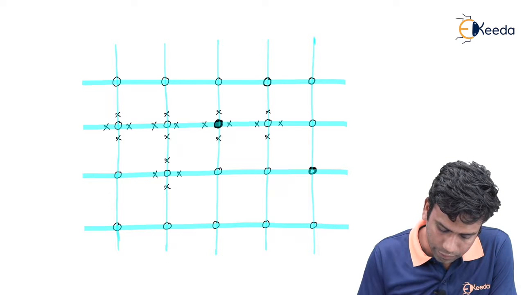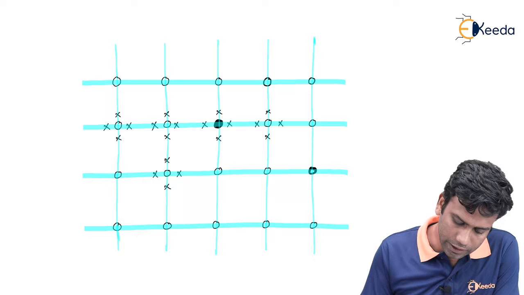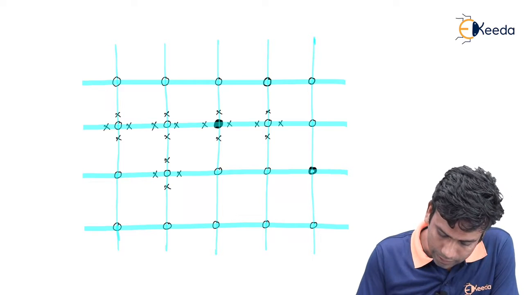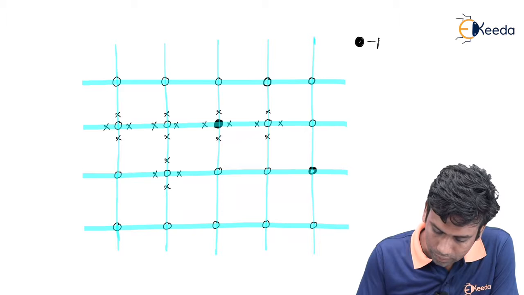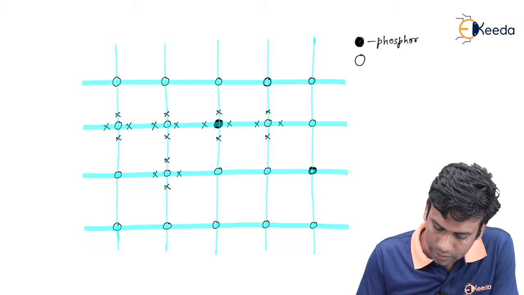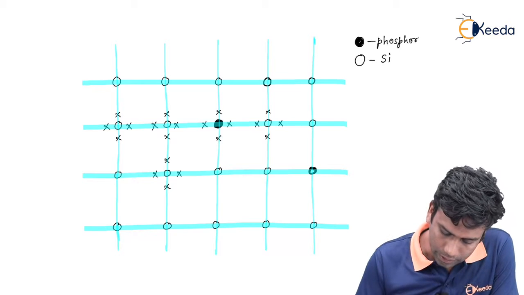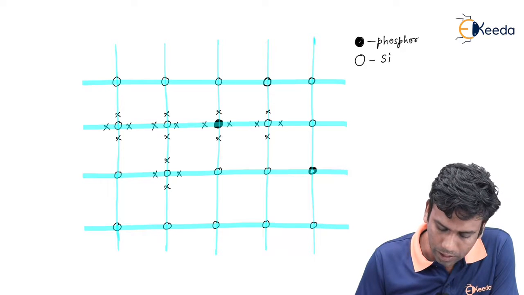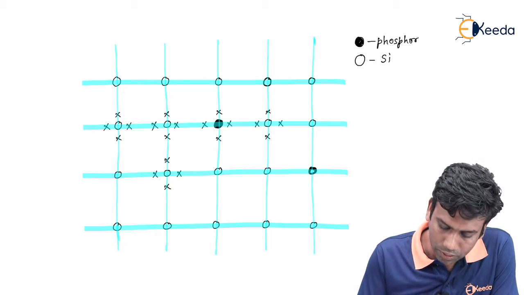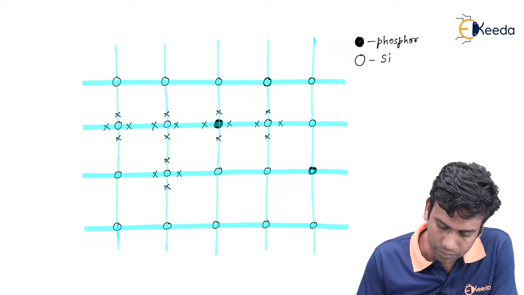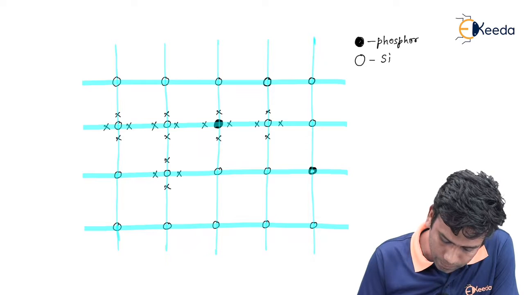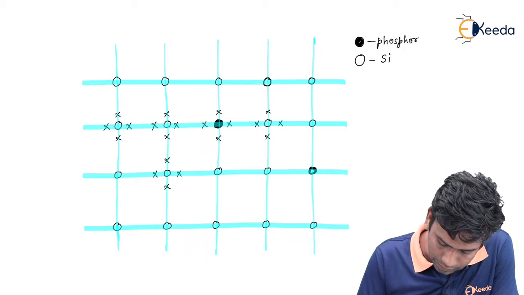So this total black circle is the phosphorus atom, and this ring circle is for silicon. So now we will have a free electron. For this phosphorus atom we will have this free electron.